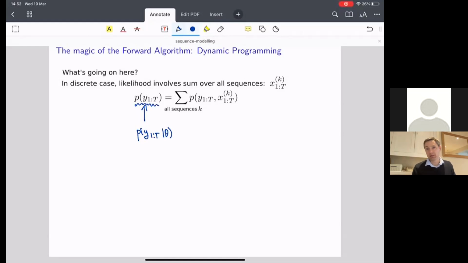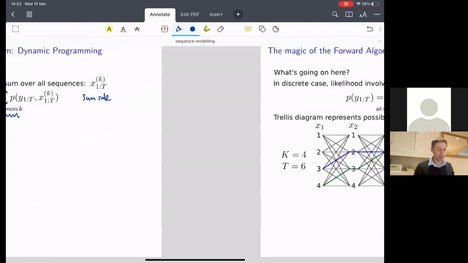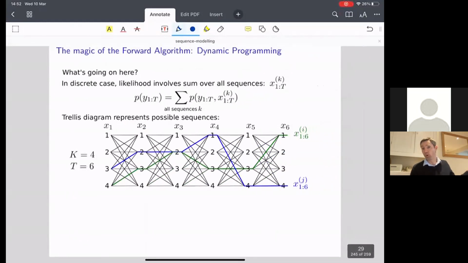One way we can compute that is just using the sum rule. We can write down the joint probability of the observed variables y1 to T and the latent variables x1 to T, and then sum over all possible settings, all possible sequences, if you like, that the latent variables can take. And I'm going to draw a little diagram to show what all possible sequences look like.